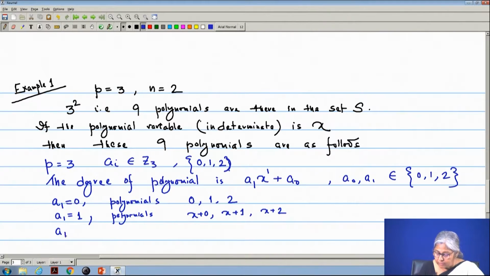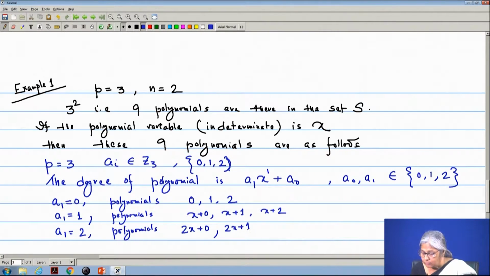Now, a1 equal to 2, the polynomials are 2x plus 0, 2x plus 1 and 2x plus 2. So, these are my 9 polynomials.